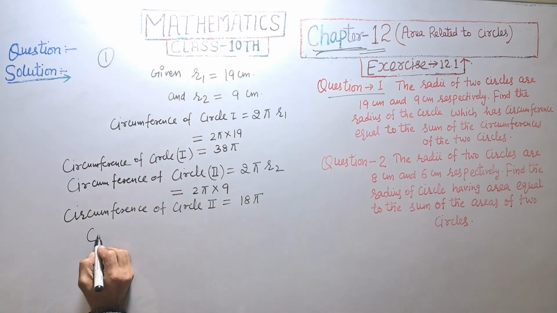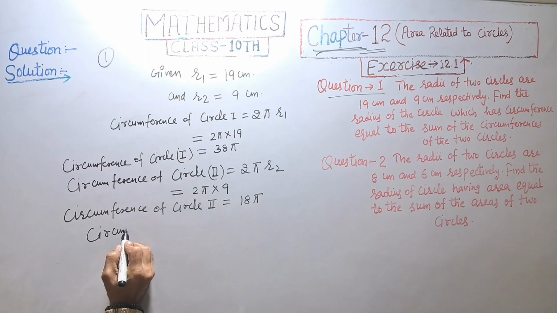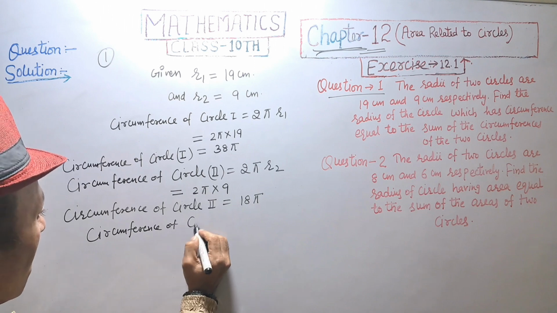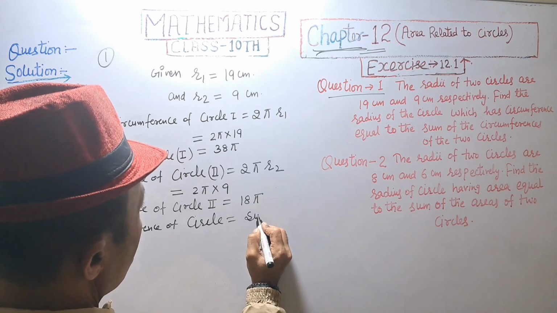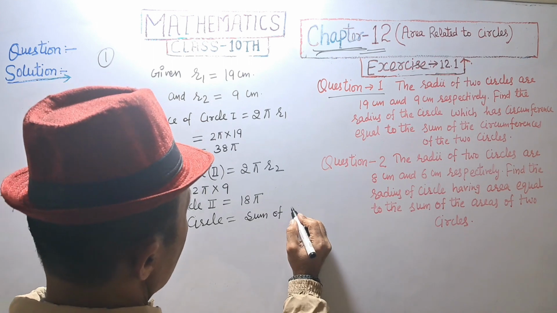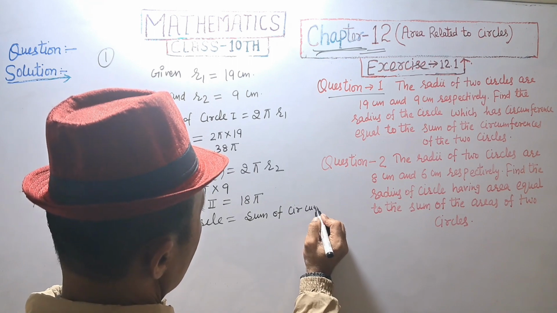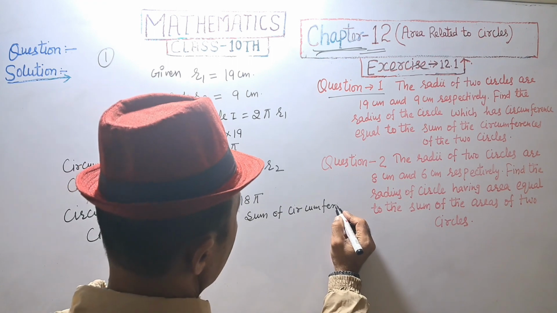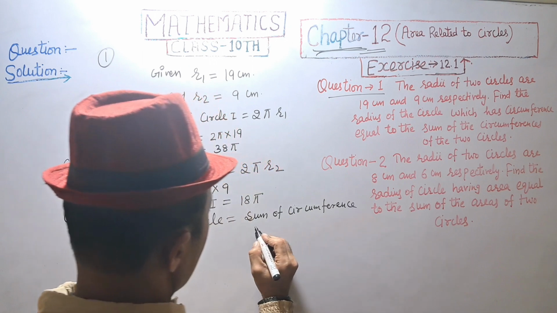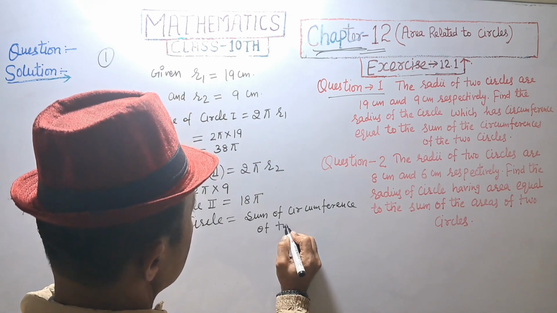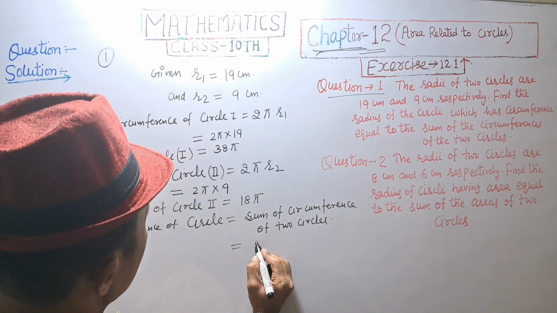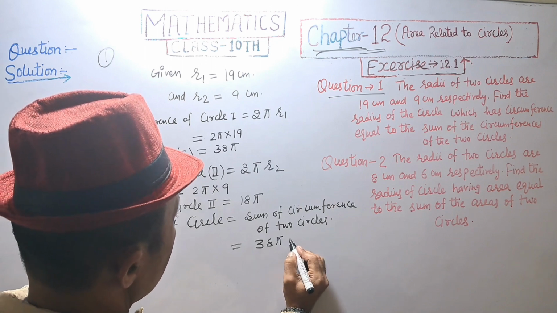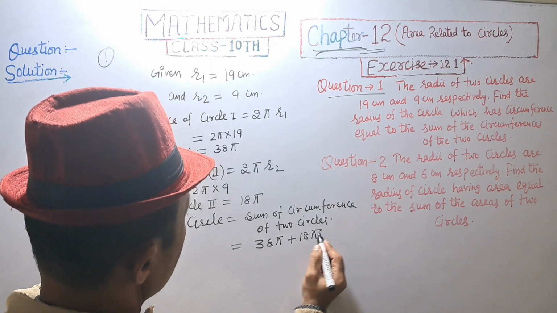Circumference of the circle is equal to the sum of the circumferences of the two circles, that is equal to 38 pi plus 18 pi.